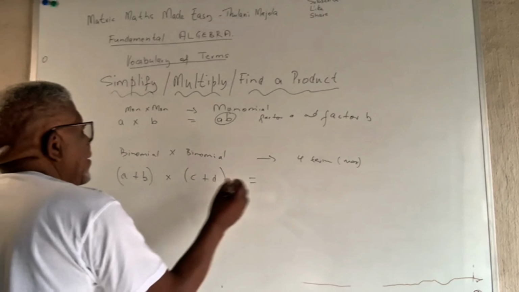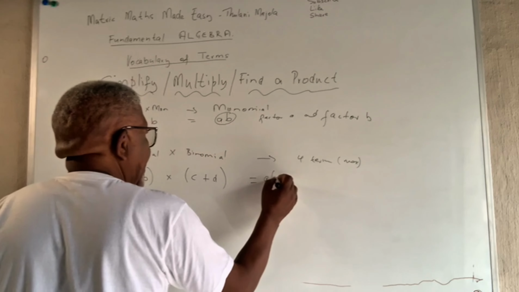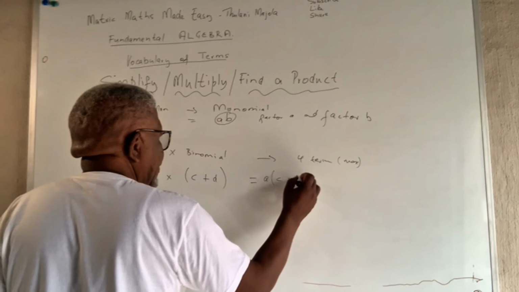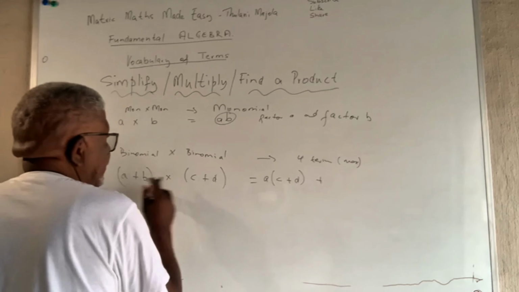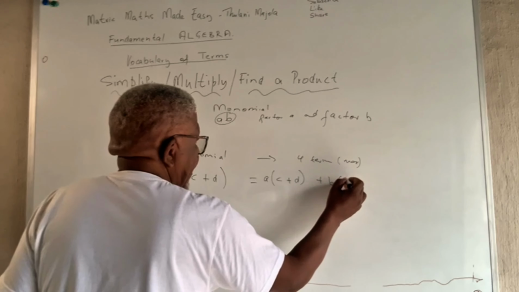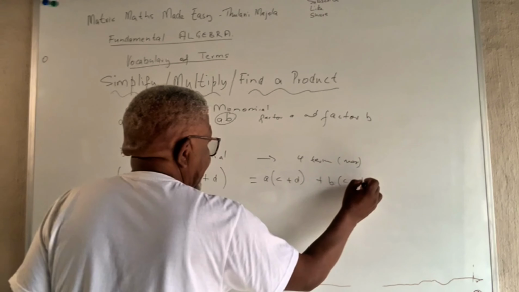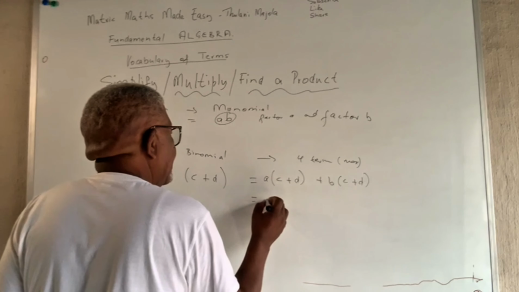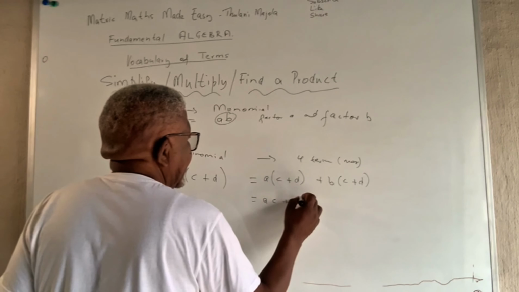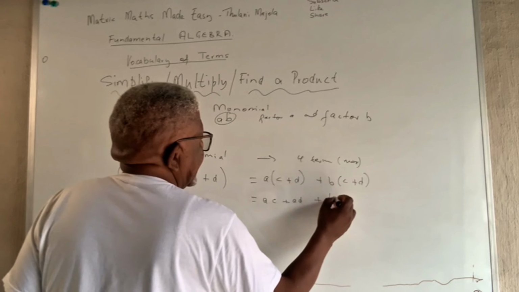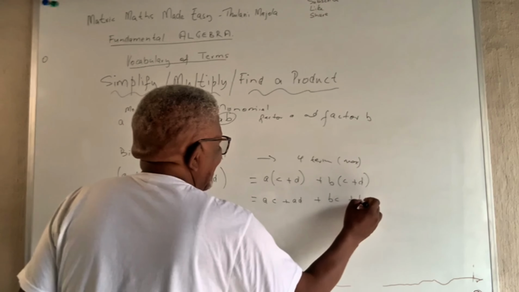So we take the A and multiply it into C plus D. And then we take the B, because it's a positive B, and multiply it into C plus D. And this gives you AC plus AD plus BC plus BD.